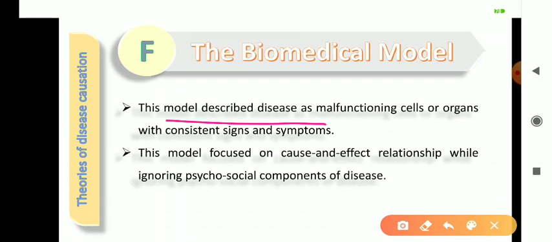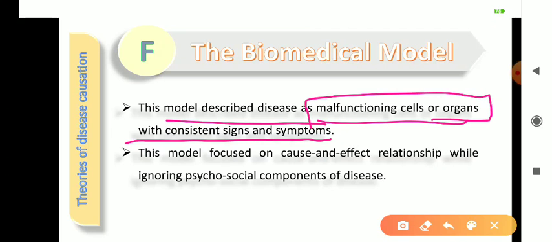This model describes disease as malfunctioning cells or organs with consistent signs and symptoms. Why is it saying malfunctioning of the cell or organs? Because the cell or organ is not functioning properly, or the cell is dead or the organ is dead. That is why it is known as a biomedical model.